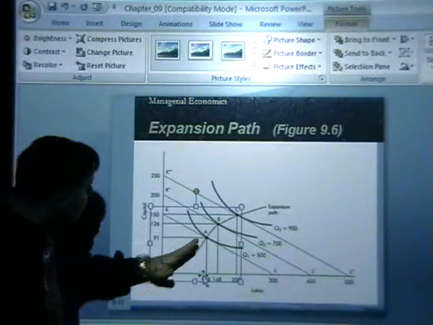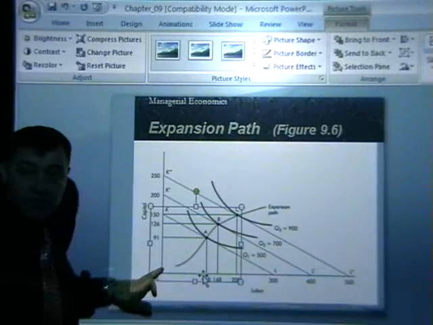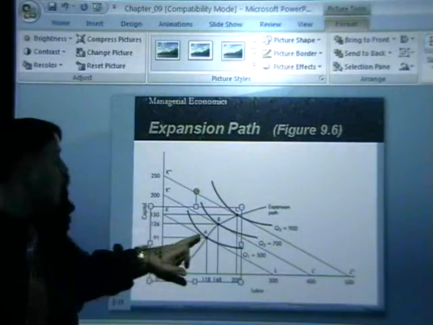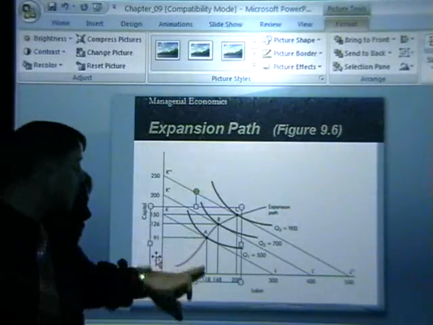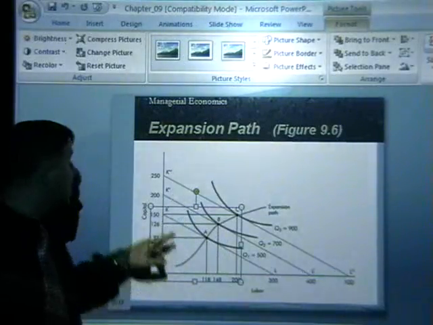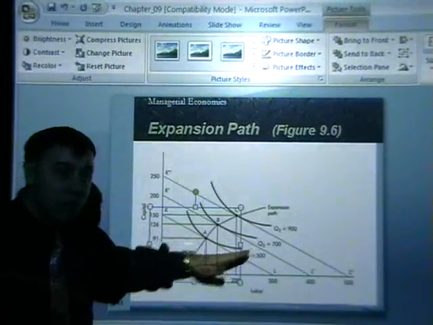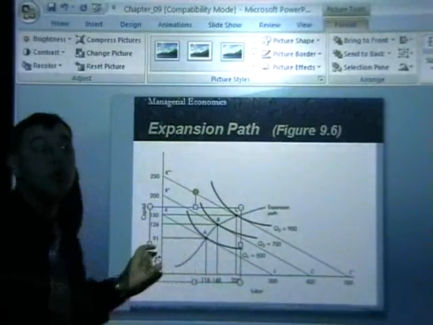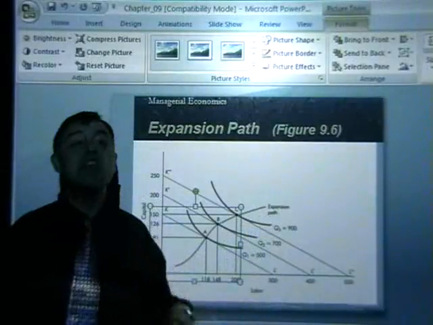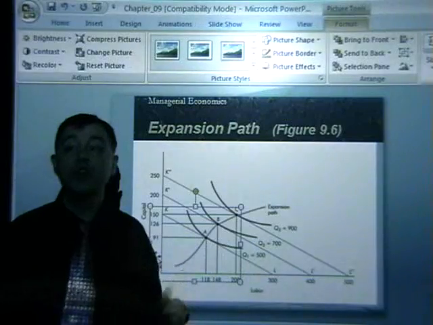So the slope of the expansion curve from the origin, which is not shown here, represents the optimal ratio of labor to capital. A very high slope will indicate a lot of capital with a little labor, and a very low slope will indicate a lot of labor with relatively little capital. Most of the time, it will depend on the nature of what you're trying to do.